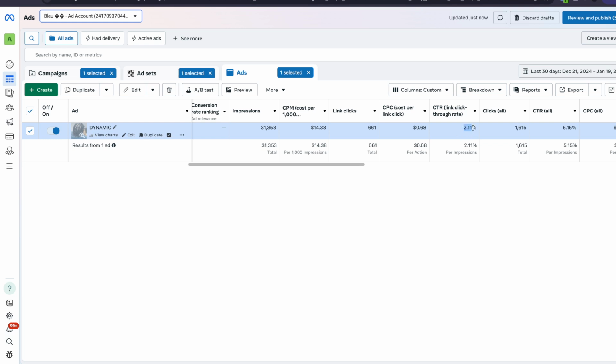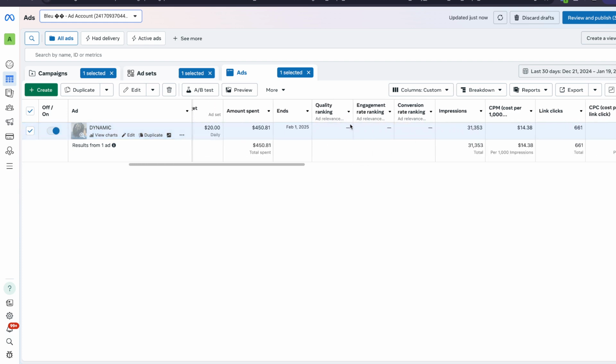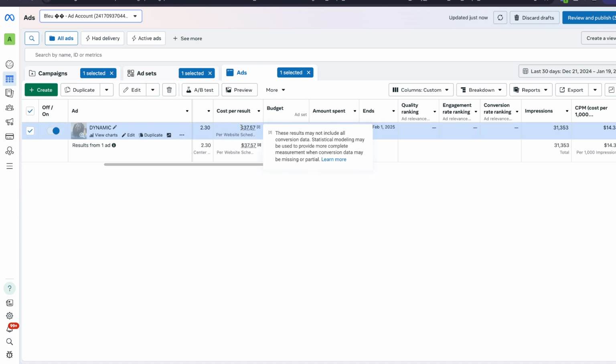But if we could double this number and get it to a 4% by creating better content, we can cut our cost per click in half. So doubling your click-through rate will lower your cost per click, which would ultimately lower your cost per booked appointment, meaning we could keep the same budget and essentially double the amount of clients that we get just by starting to play with the numbers.